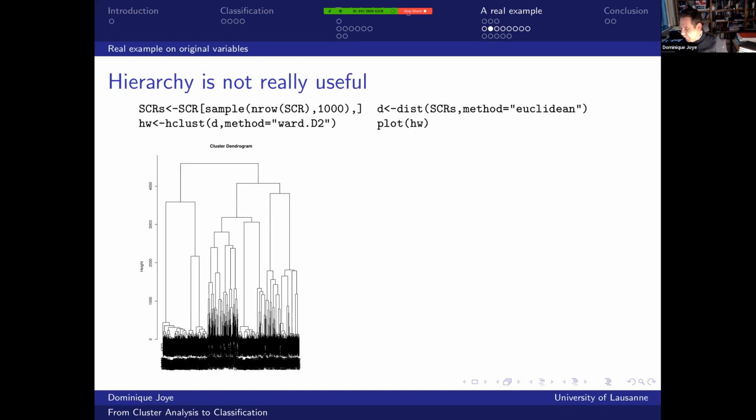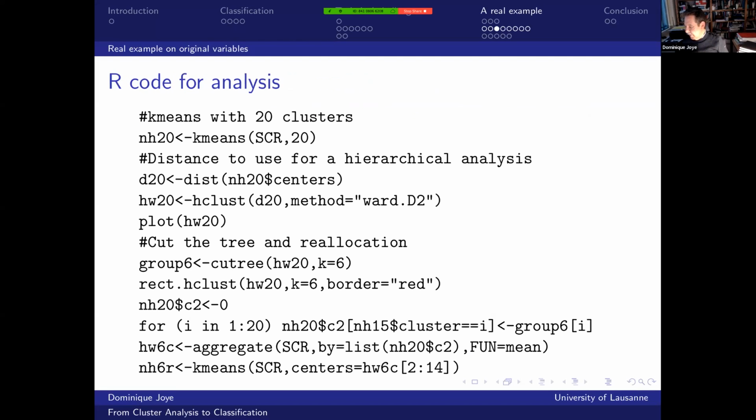That's the hierarchy with a subset of 1000, which is not a good solution. Then you have the R code that produces this kind of thing. You will have the R code in the slides.